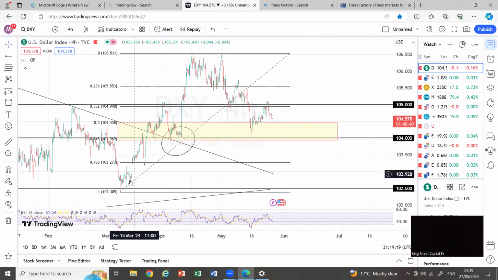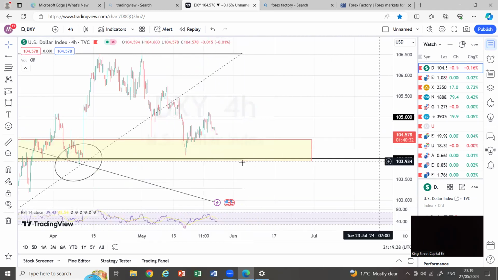We can see after the push to the upside, price has descended to almost touching 104, but buyers came in. As you can see, all this buy pressure, all this bullish pressure, the demand level that gave us another push to the upside.